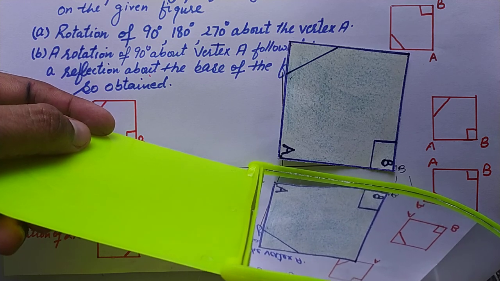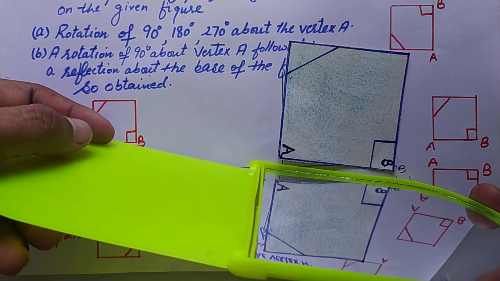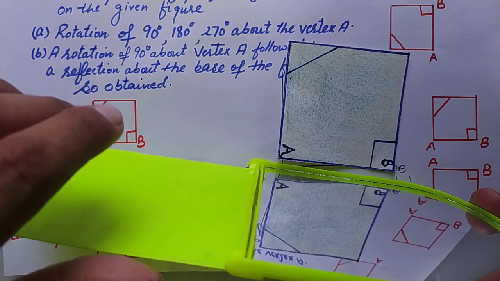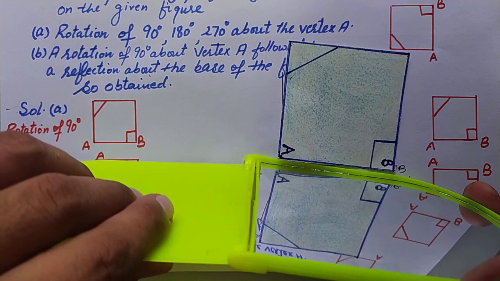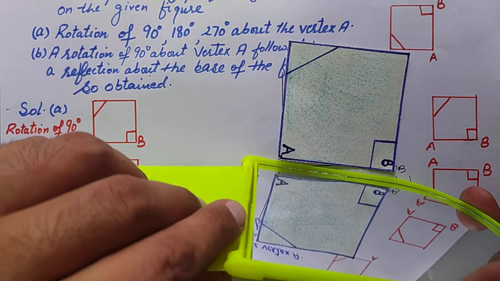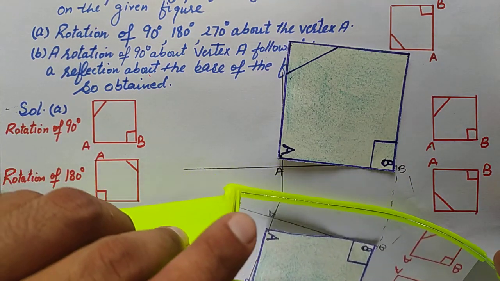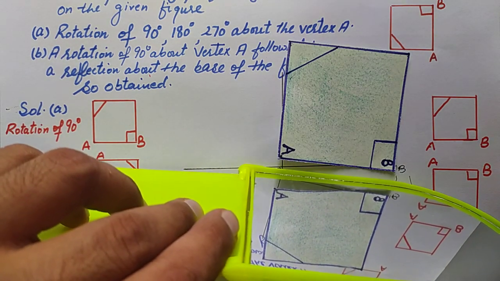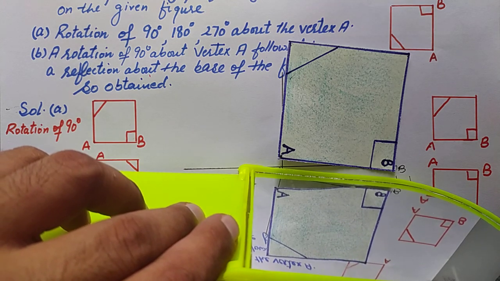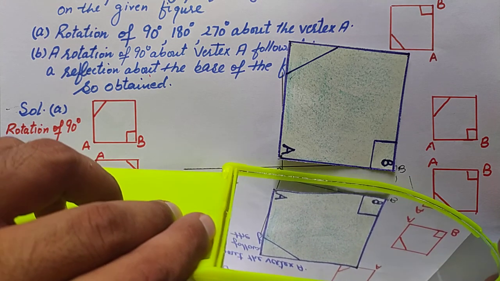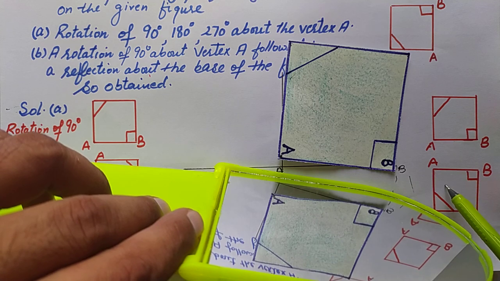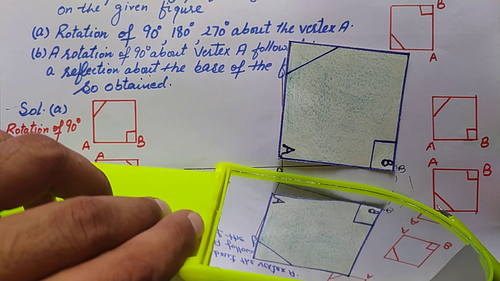As I told you, AB will be fixed there only and this cutting line is visible here only. See, in the mirror also it is visible here. So this way we can do this activity. Its figure will come similar to the figure we have drawn here. You can observe it in the figure.